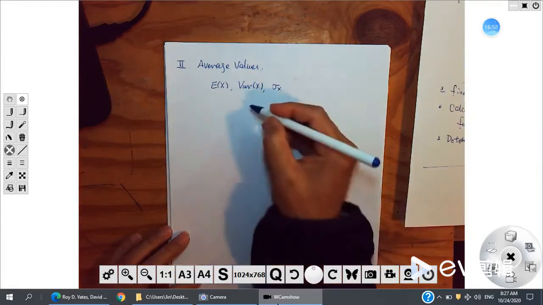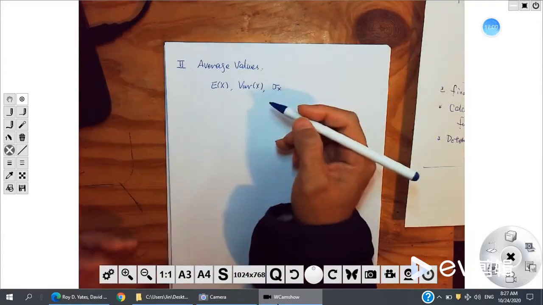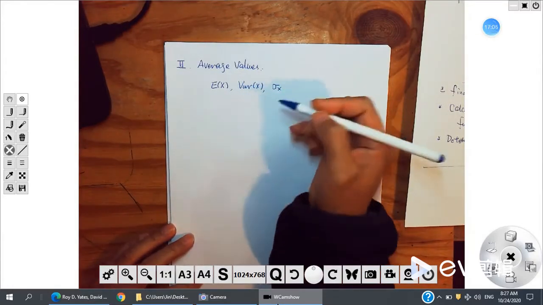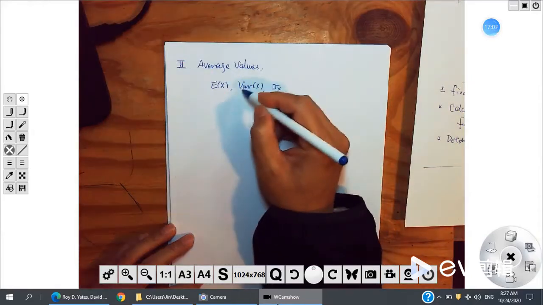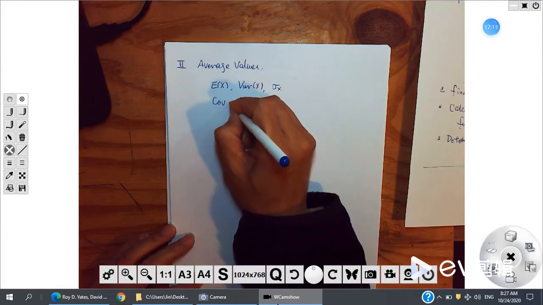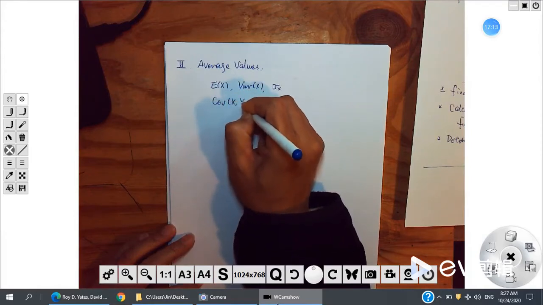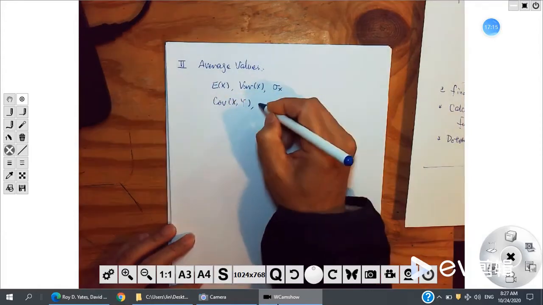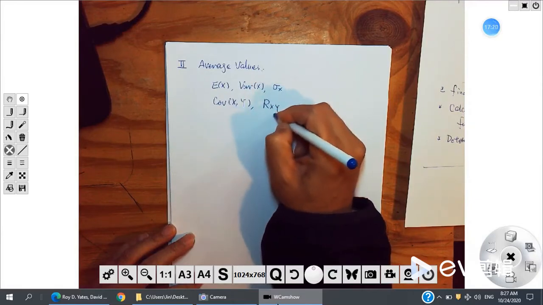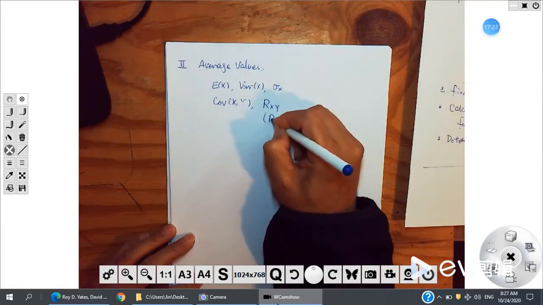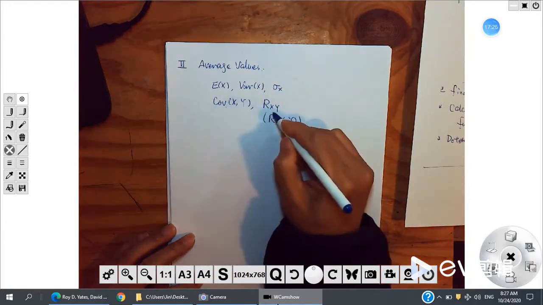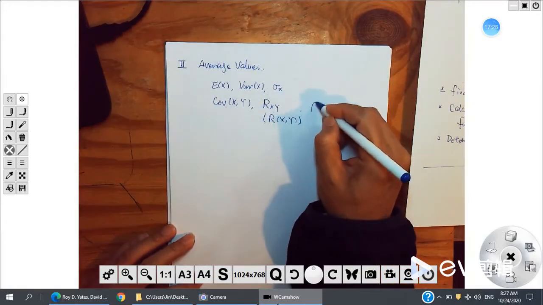And when you have a pair or more random variables, a list of random variables, you will consider the values between two random variables. So you have the covariance of X and Y. You have R_XY, the correlation, and rho_XY.